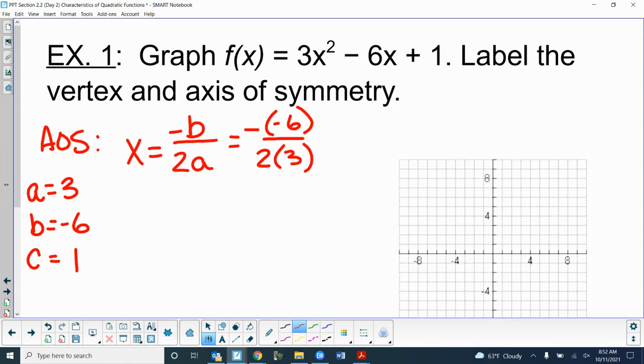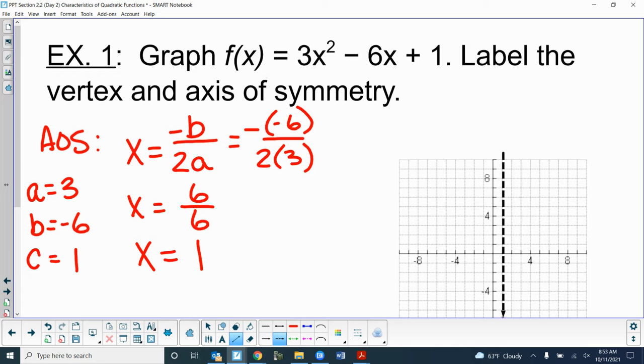So what happens to the 6 up top? It becomes positive 6. What's 2 times 3? 6. What's 6 divided by 6? 1. So there's my axis of symmetry, x equals 1. All right? Since I have to graph it, I'm going to go ahead and put it in there.